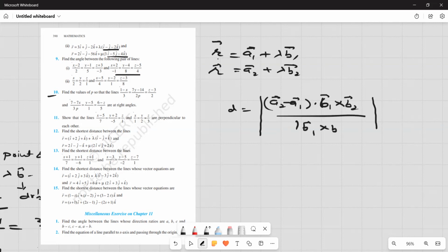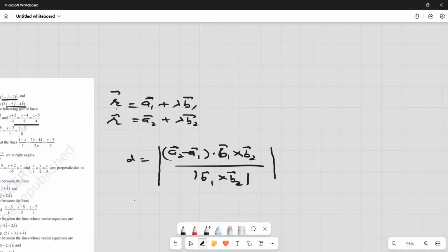The cross product, I think science students have done this in physics also: a cross b is equal to the determinant with i, j, k, then a1, a2, a3 as vector a, and b1, b2, b3 as vector b.